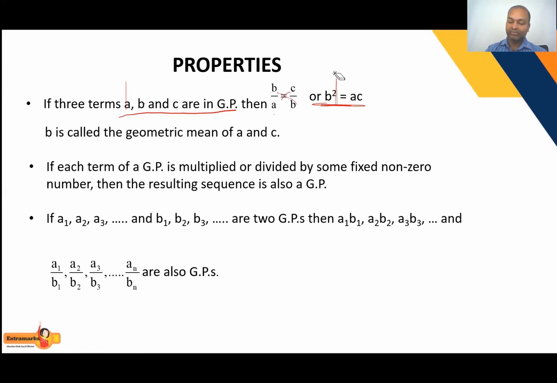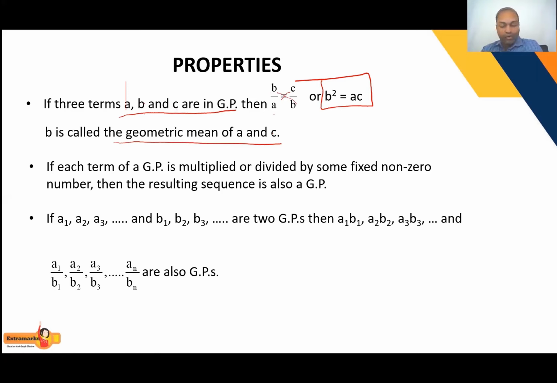So while solving questions, if A, B, C are in GP, immediately use the condition B square is equal to A into C, right? Then B is called the geometric mean of A and C, right?